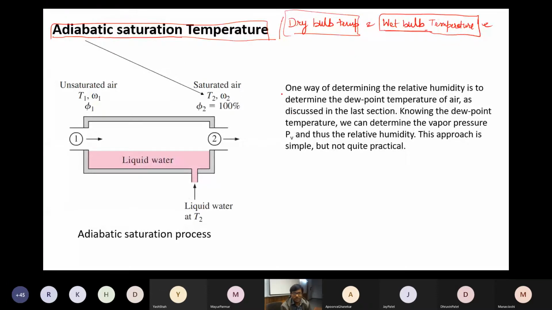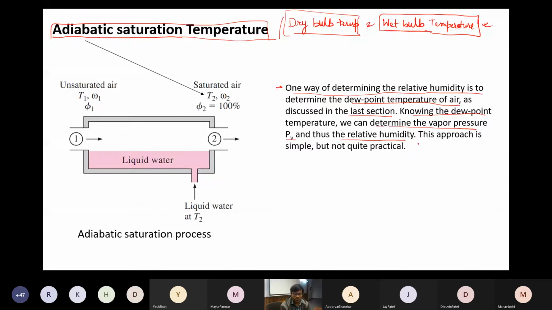Let me read one statement: one way of determining the relative humidity is to determine the dew point temperature of the air, as discussed in the last section. Knowing the dew point temperature, we can determine the vapor pressure Pv and thus the relative humidity.